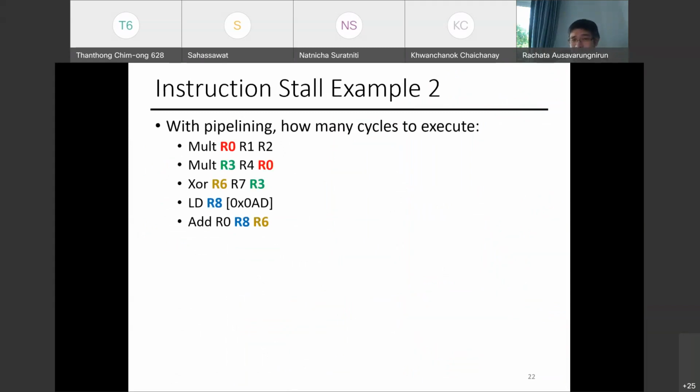What is it about this colored text that I have? What is the relationship? Let's assume this is destination, source 1, and source 2. Basically, the first line, I'm going to multiply R1 and R2 and write the result to R0. What's the problem here? It is a chain, right? It used the data produced by the previous instruction.